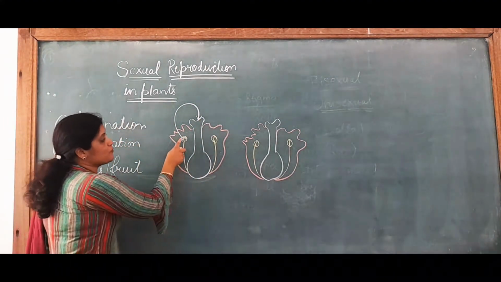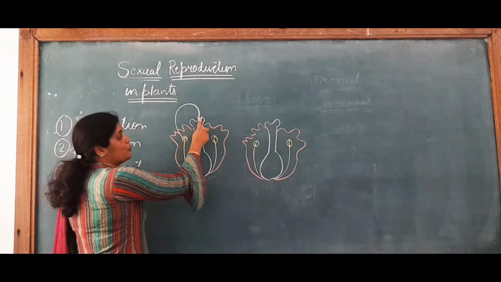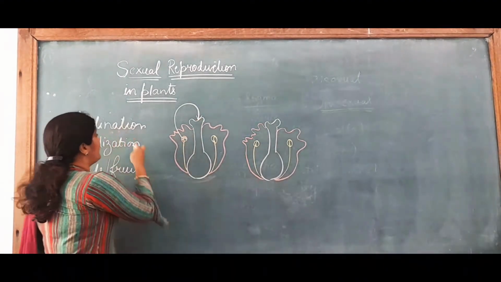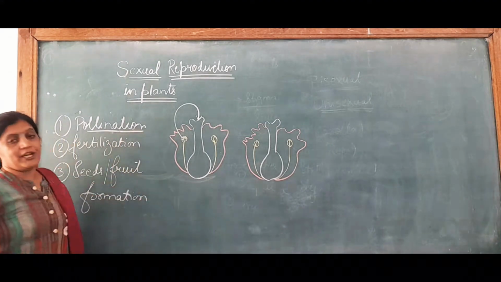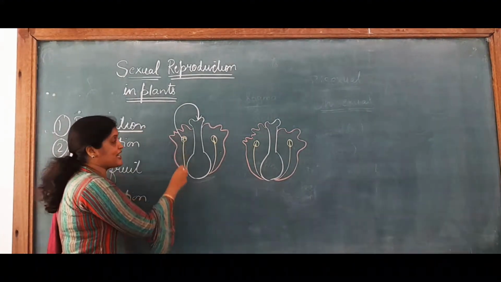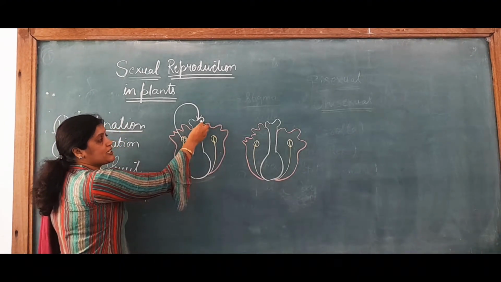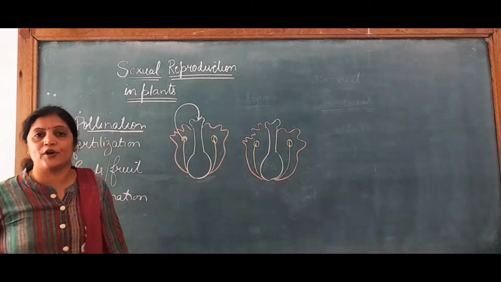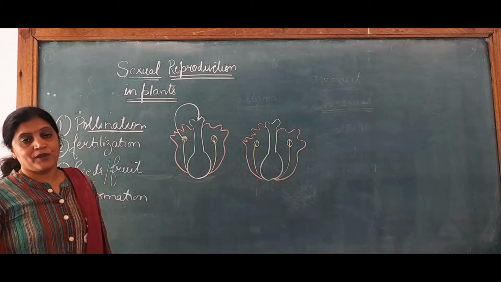The reaching of pollen grain from anther lobe to stigma is known as pollination. And repeating, the reaching of pollen grain from stamen or anther to the stigma of carpel is known as pollination.